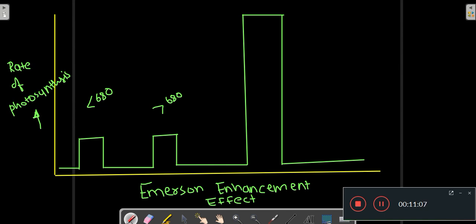But when you hit the tube with both wavelengths simultaneously, then this is the rate of photosynthesis you get. And as you can see, this is much greater than the addition of these two, and this is your Emerson enhancement effect.